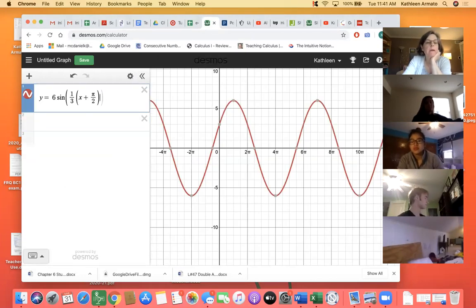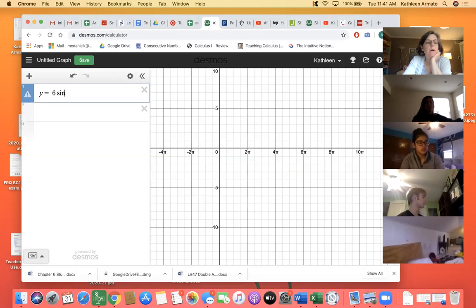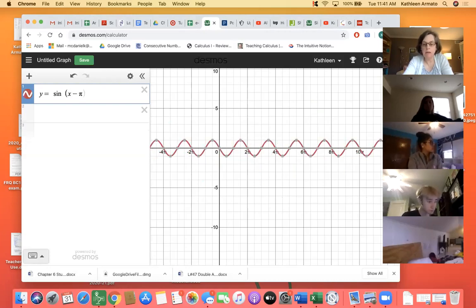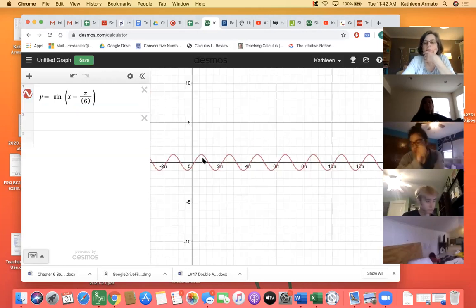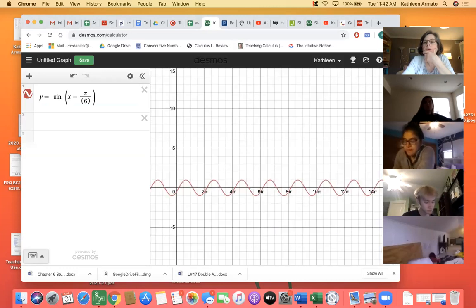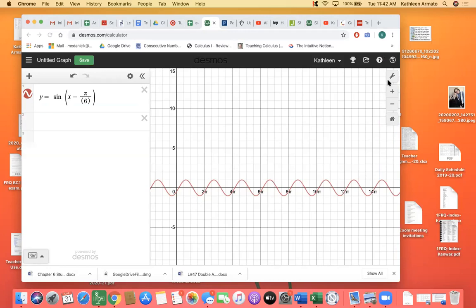Okay. So the first one is we're just going to graph the sine of x minus pi. If you hit option P, that gives you pi divided by 6. Remember that you can go, can you guys all see my screen?